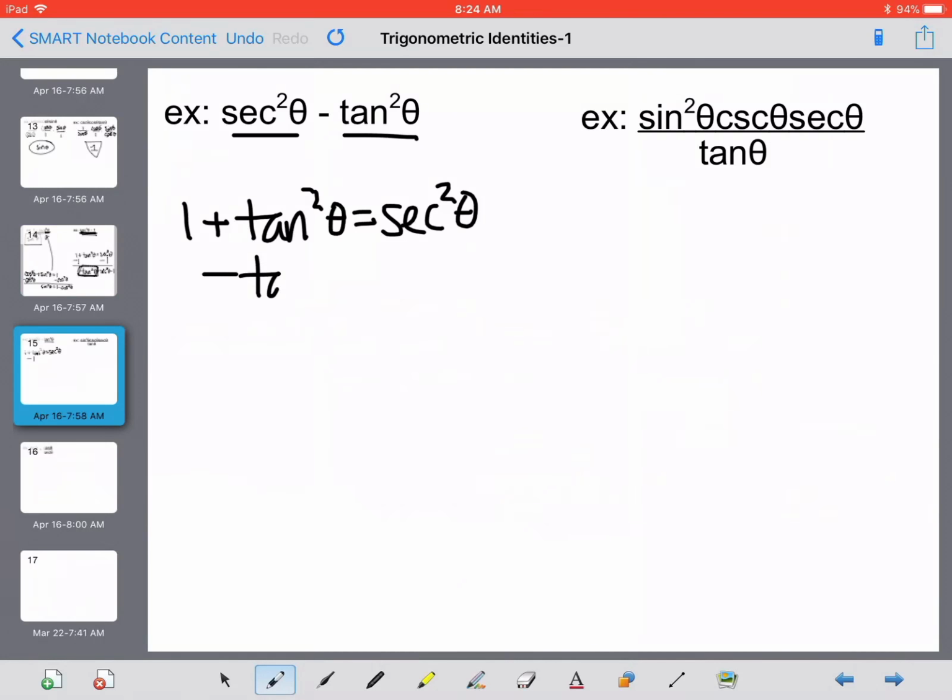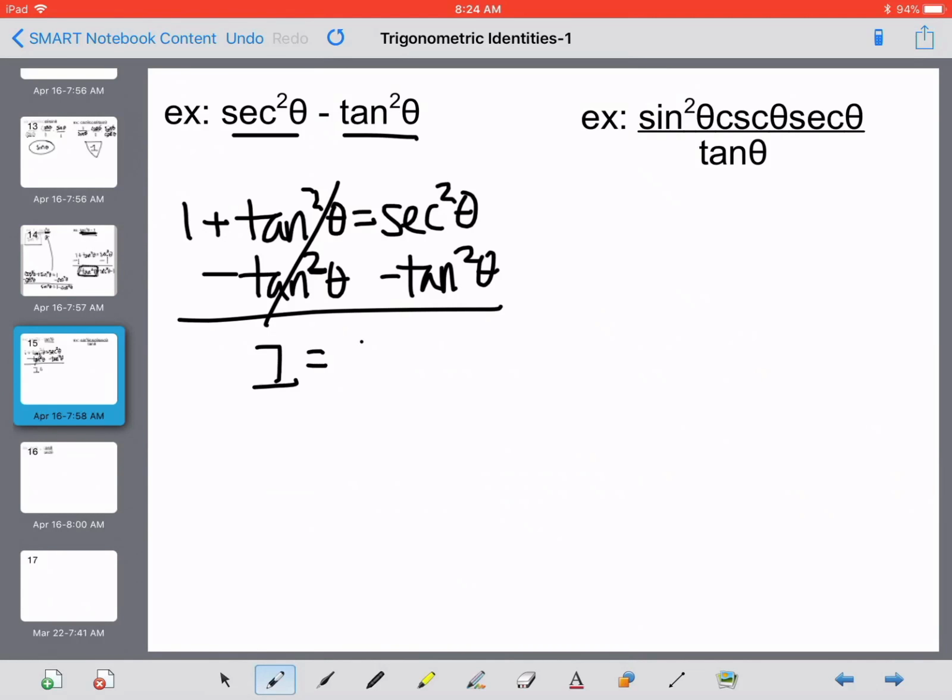So if I subtract tan squared from both sides, I would be left with, well, 1 would be left on the left side. I'd have secant squared theta minus tan squared theta on the right side. So 1 would be my answer here. Okay.